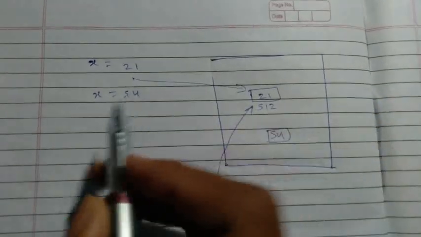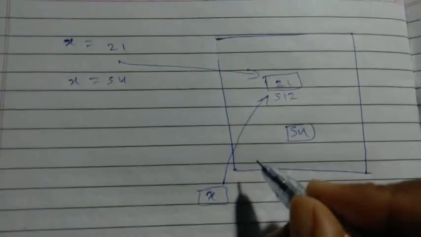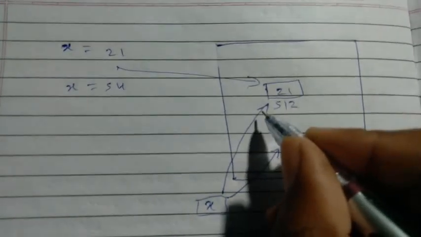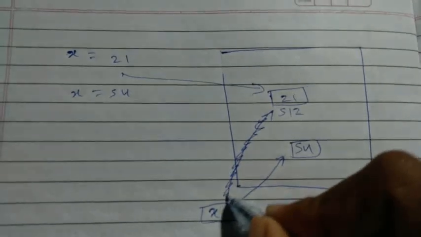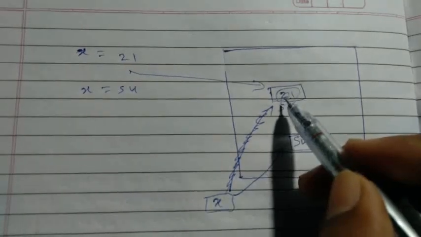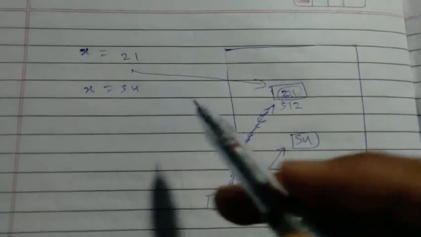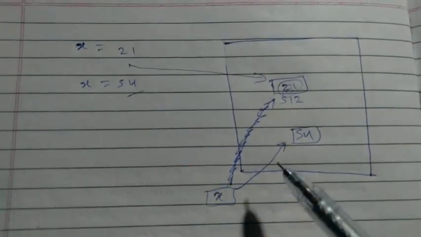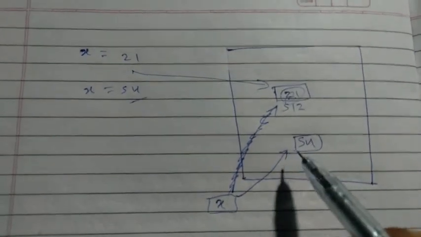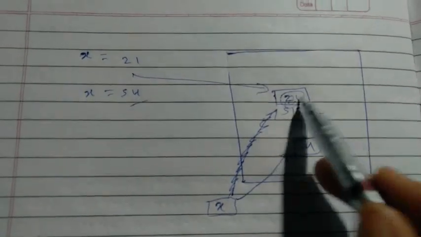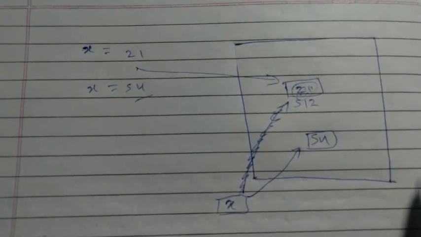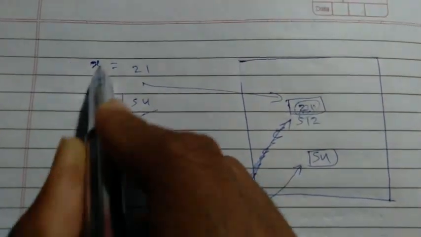But we have updated the value to 54. So now this variable starts to point to 54, and we lose this location, and we lose this data also. We can't access this data again because now the value of x is updated, that is 54. So now whenever we print the value of x with the print function, it will always give 54 rather than 21. So this is the method of updating or changing the value of a variable. It's not about creating a variable of the same name.